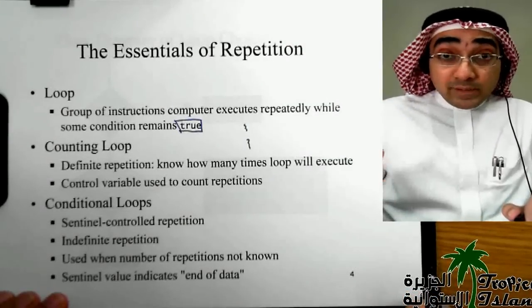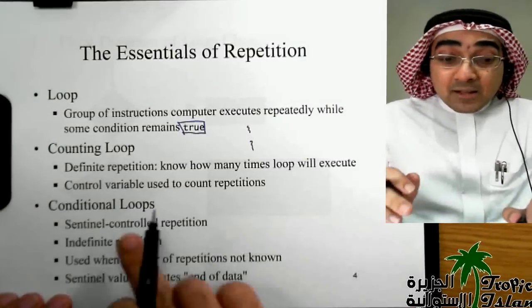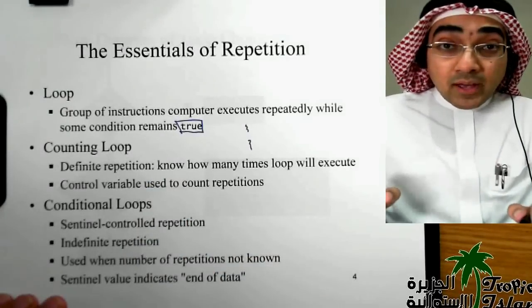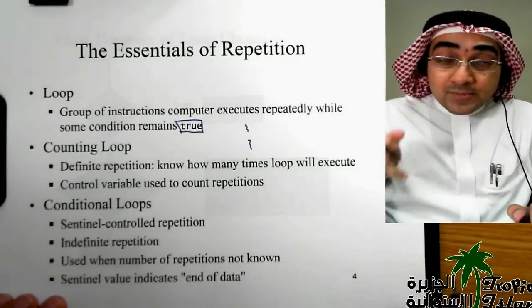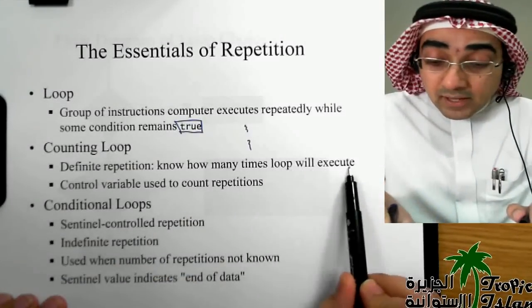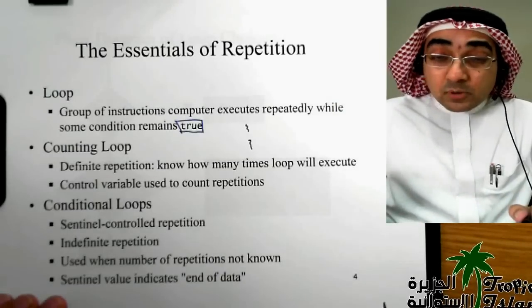So how many times do we have to loop? 10 times. This is an example of a counting loop where you know exactly how many times you have to loop. As soon as you have counted 10 times, you stop your loop.